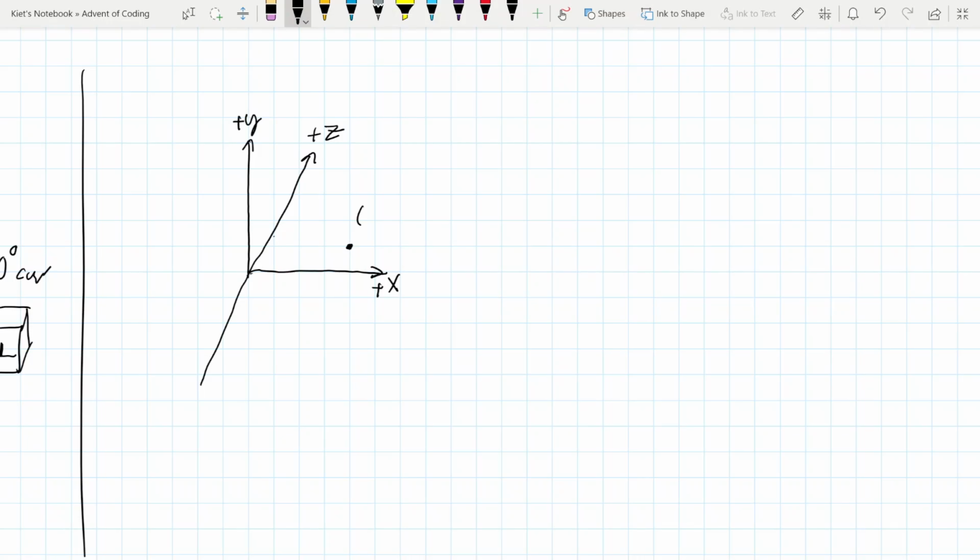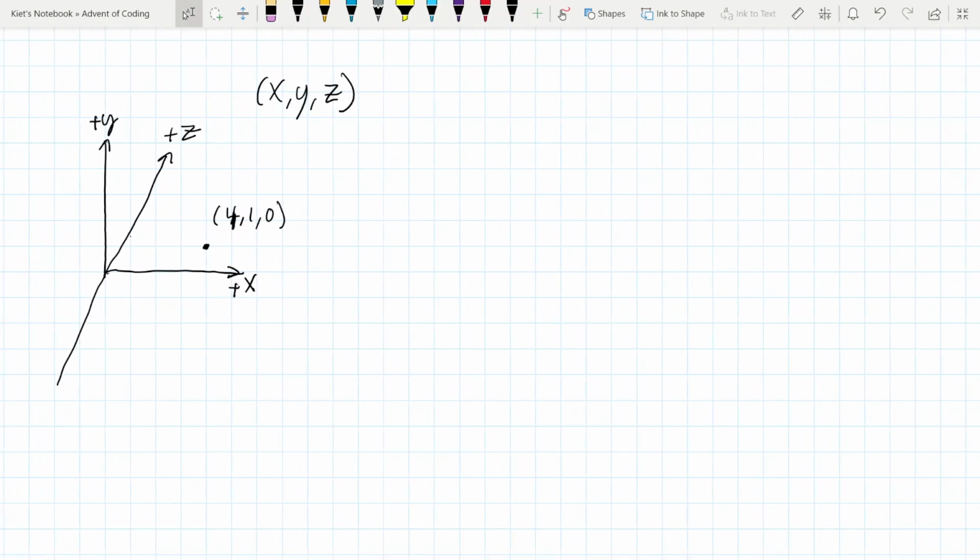So this would be 4, 1, 0, and I'm writing it as x, y, and z. Suppose we want to rotate this coordinate system 90 degrees counterclockwise along the z-axis. How would that look, and how would it affect this point here?